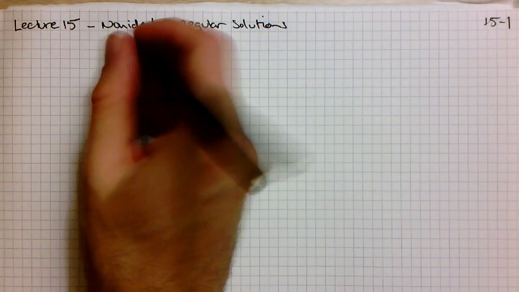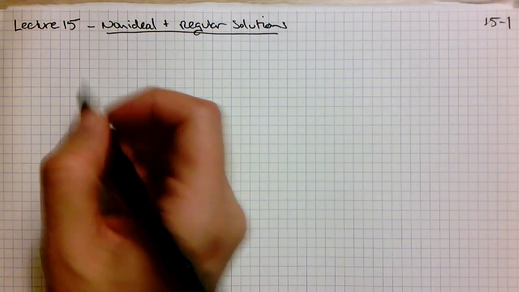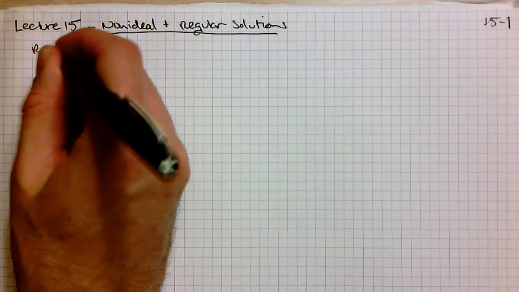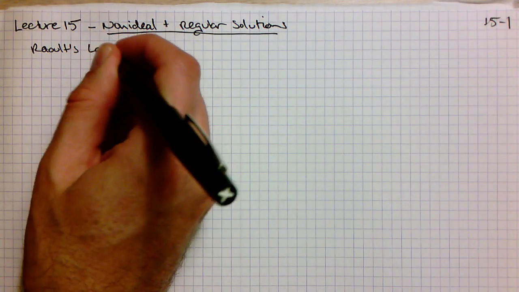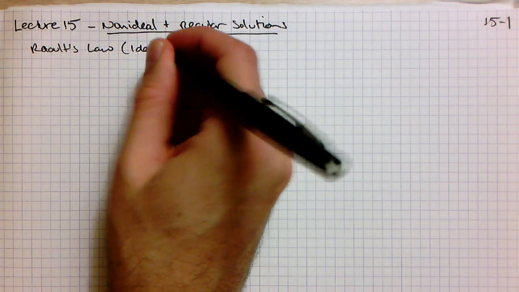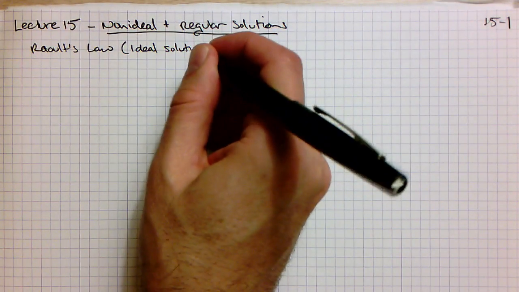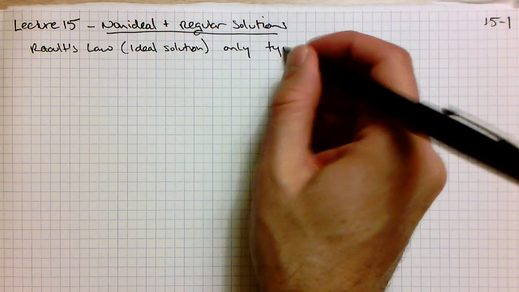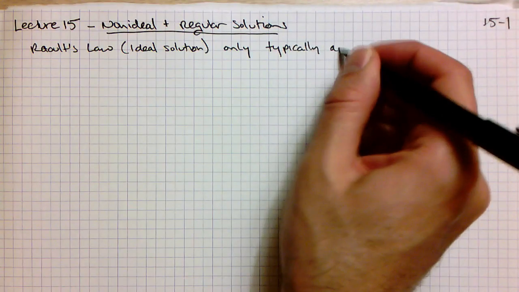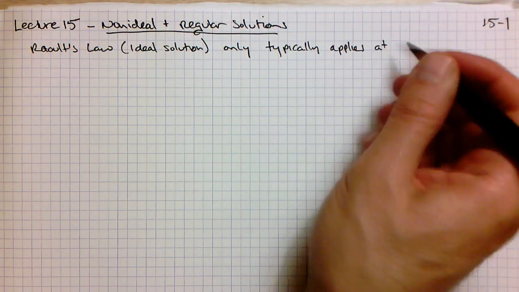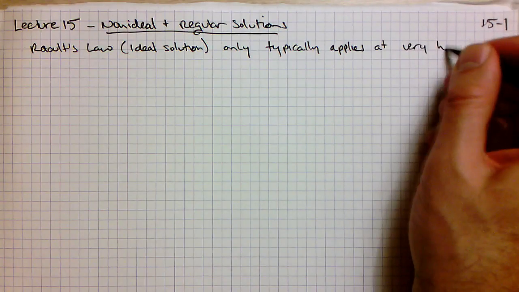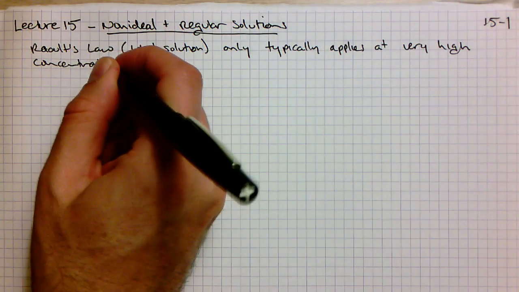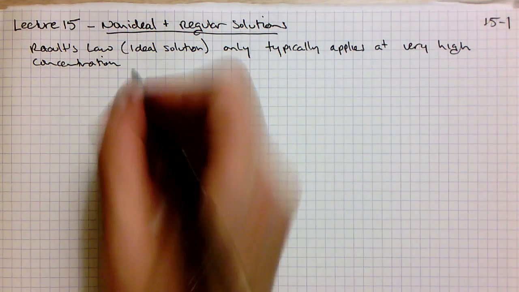So one way of approaching a non-ideal solution is to realize that Raoult's law, which we said is the law that's followed by ideal solutions, only typically applies at very high concentration, so when the material is very close to pure.